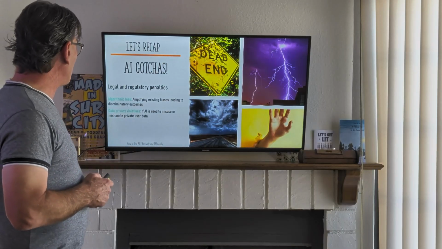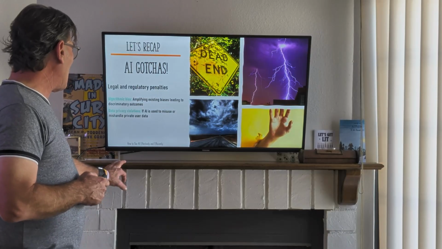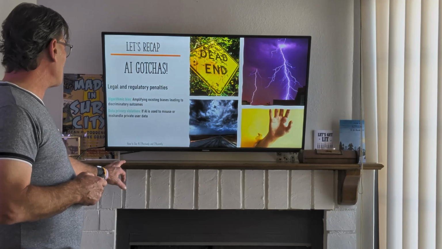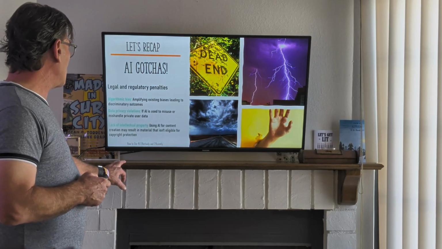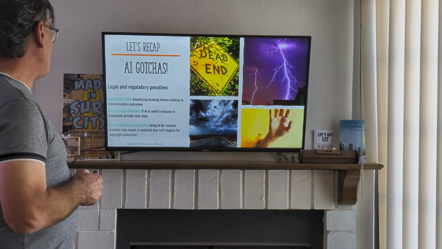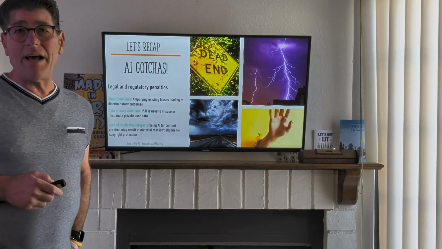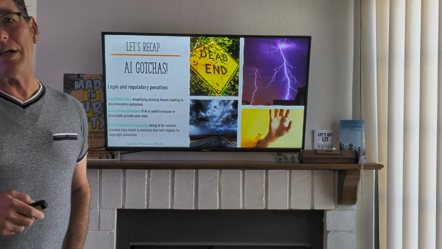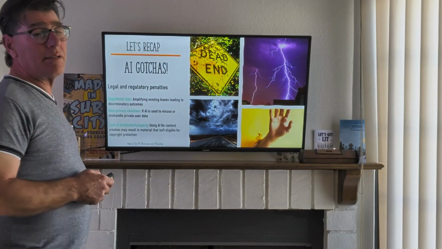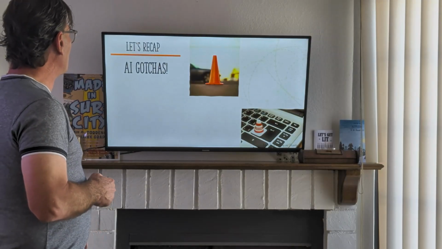Data privacy violations: we know right now that there is an issue of AI being misused or mishandled, so we need to be careful with that. Lack of intellectual property: when do we know that our AI content is eligible for copyright protection? This is a gray area right now, and we're all trying to figure it out.